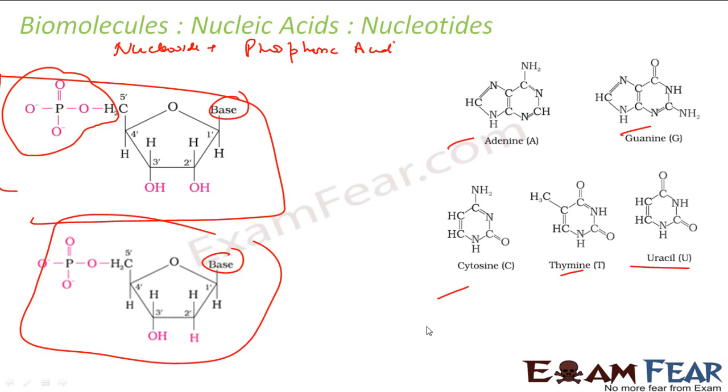So from base you make nucleoside, from nucleoside you make nucleotides, and my nucleic acid is nothing but a long chain of nucleotides. That's also called polynucleotides. So these nucleotides are the building blocks of nucleic acid, both DNA and RNA. If you see, it has nothing but a sugar ring, a nucleobase, and a phosphate group. And these are the main building blocks of nucleic acid.